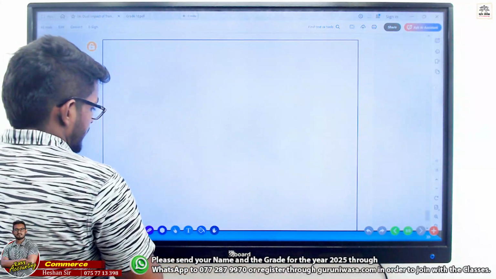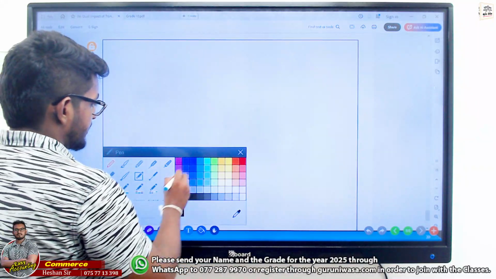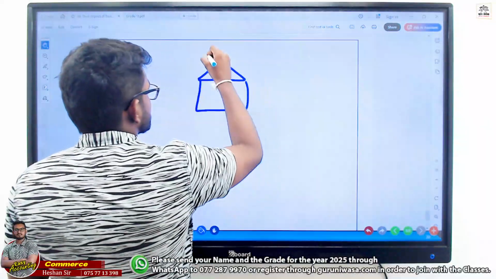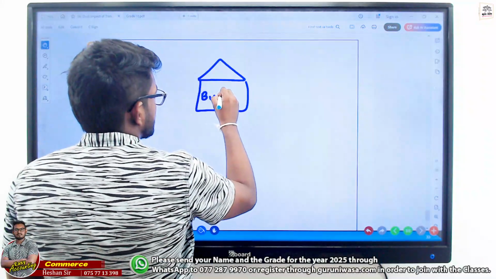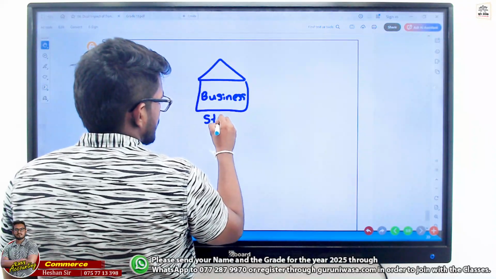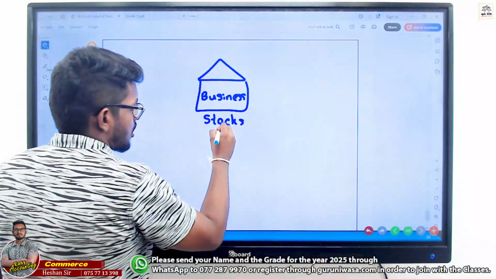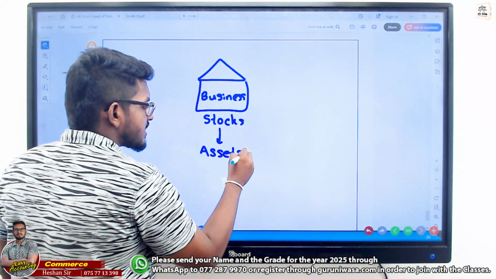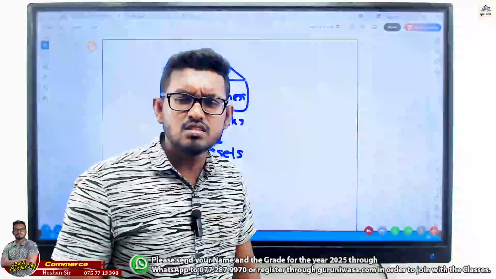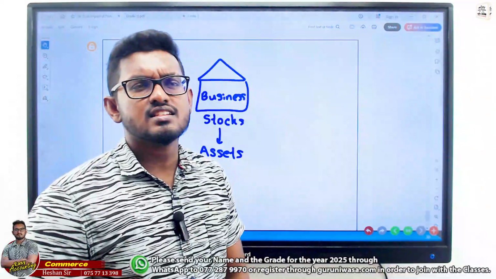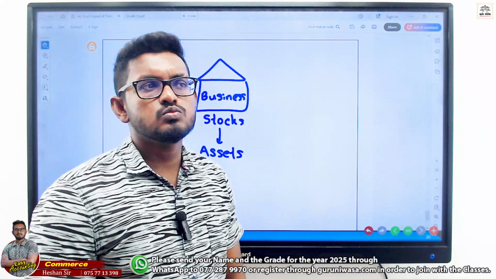Now, if I draw like this, think this is the business, and this is regarding business stocks. When it comes to business stock, those are assets. Stocks means what, guys? Can anyone tell me what the term stocks means, and what is the difference between stocks and non-current assets? Stocks we purchase for what?